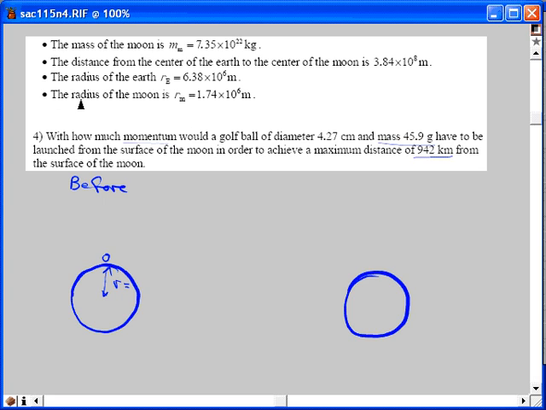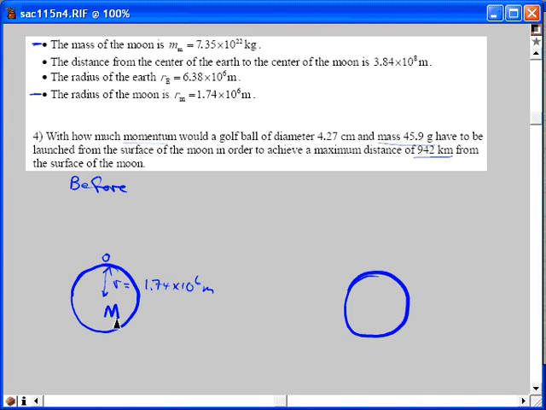And I copied down some values from a previous problem, the one right before problem number 4. And we need these two, the radius of the moon and the mass of the moon. So radius 1.74 times 10 to the 6 meters.